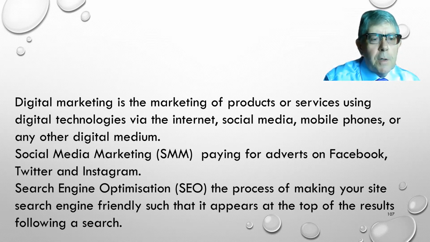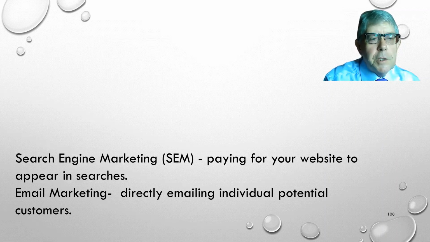Search engine optimization is the process of making your site search engine friendly such that it appears at the top of the results following a search. Search engine marketing is paying for your website to appear in searches, and then email marketing is directly emailing individual potential customers. So that is responsible for most of the junk email that ends up in your inbox.